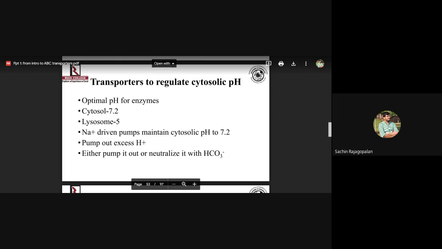Either you use an antiport to pump those sodiums out later, or you can even neutralize those sodium ions by combining them with bicarbonate ions, HCO3 minus. So even that is possible. But at that point of time, taking in sodium becomes very, very significant to pump out the excess protons.